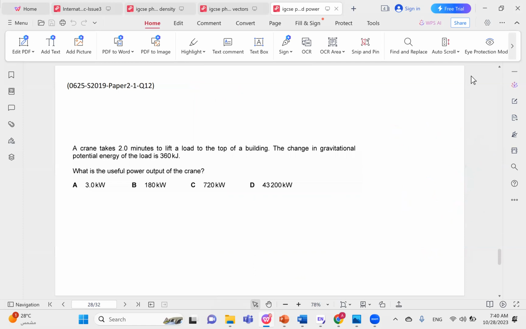A crane takes 2 minutes to lift a load to the top of a building. The change in gravitational potential energy is 360 kilojoules. What is the useful power output of the crane? Power equals work over time and can also be written as energy over time because work done is measured in joules and it's equivalent to a change in energy.